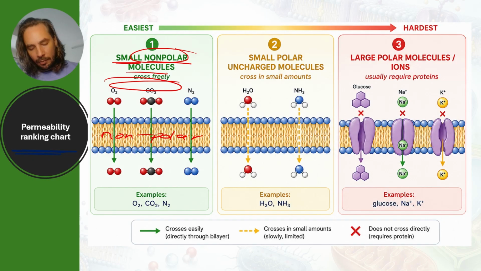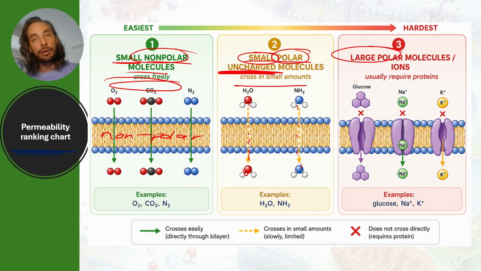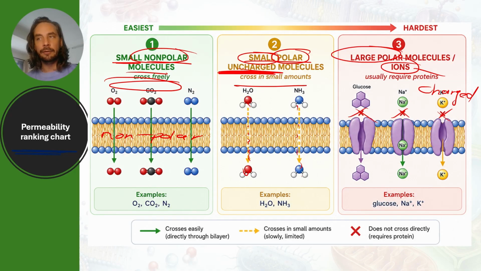If you are a small molecule and you're polar but uncharged, you can move, but very, very slowly, so you can cross in small amounts. But if you're a large polar molecule or you're an ion, meaning you are charged, you cannot cross the cell membrane without a protein. You need a protein channel.